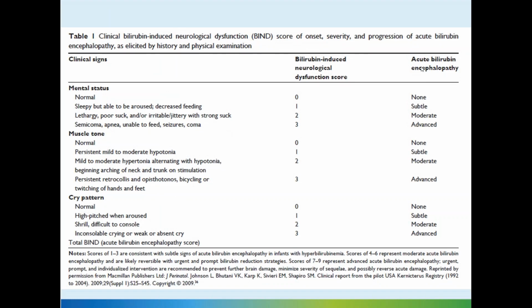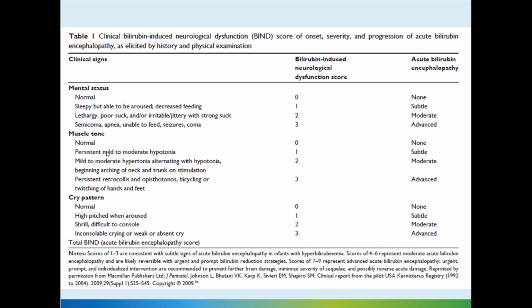So this is a chart which gives us a tabulated scoring system for bilirubin-induced brain injury and the features. We can categorize into mental status, muscle tone, and cry pattern, with a score of 0 to 3 for all three. If the mental status is normal, it's a 0 score; sleepy but can be aroused or decreased feeding, 1; and lethargy, poor suck, irritable, etc., 2.